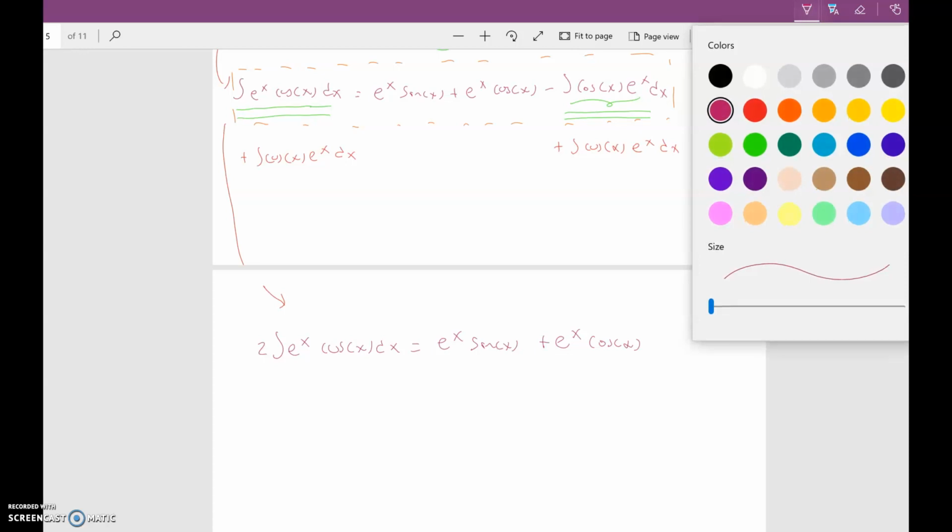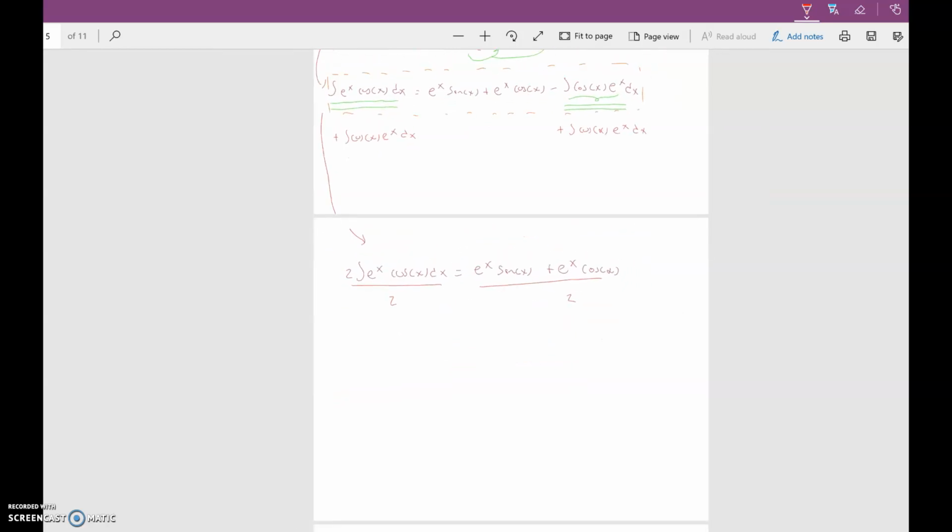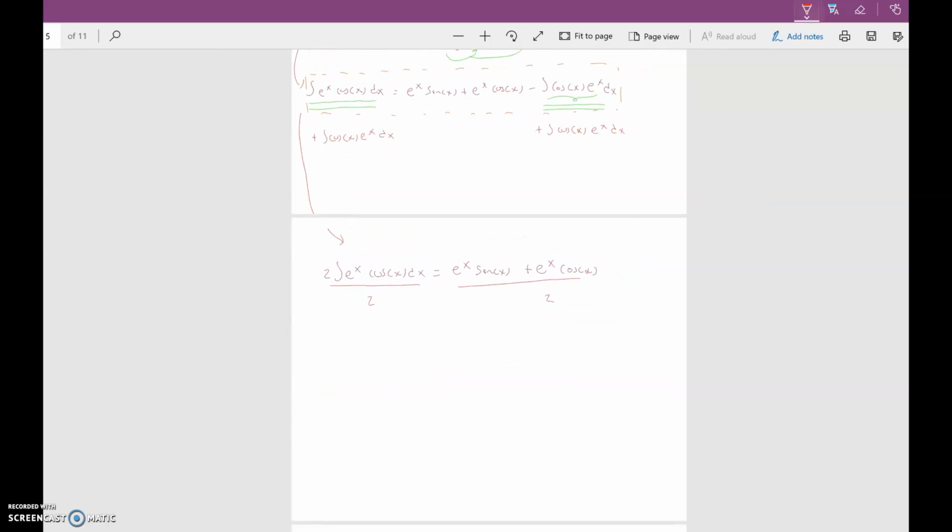And then at this point you can divide by 2 and divide by 2. So we are able to isolate the integral and rewrite it as the integral of e to the x cosine of x dx, which is equal to e to the x sine of x plus e to the x cosine of x over 2 plus the constant of integration.